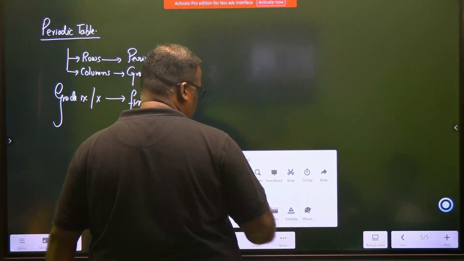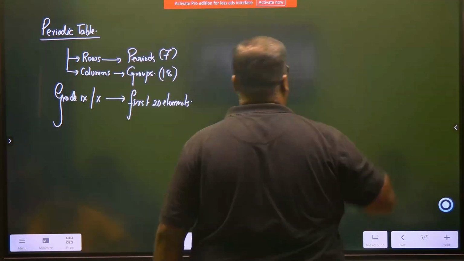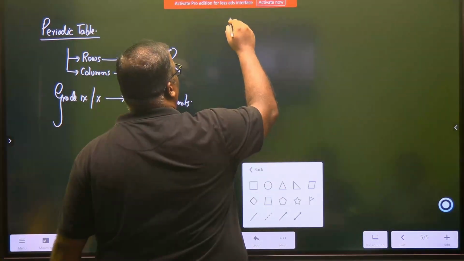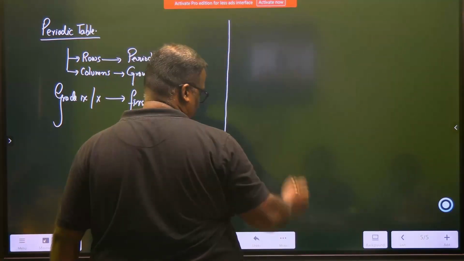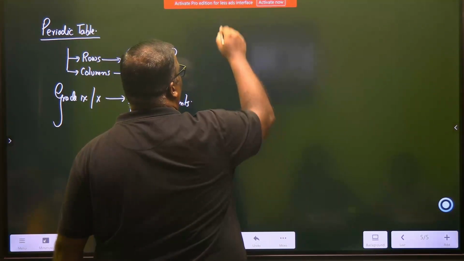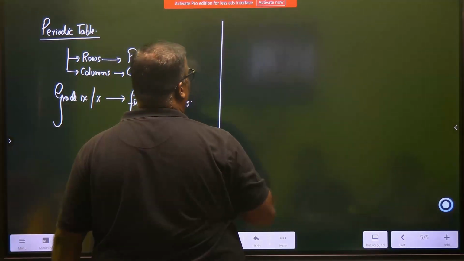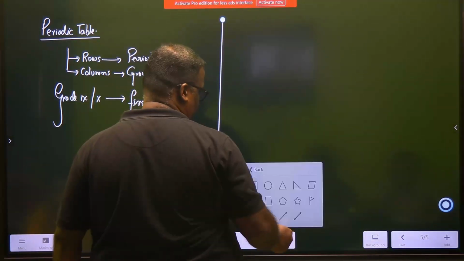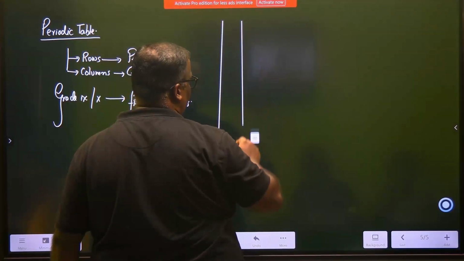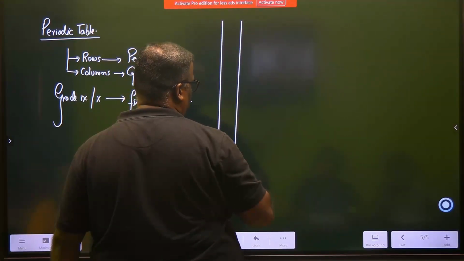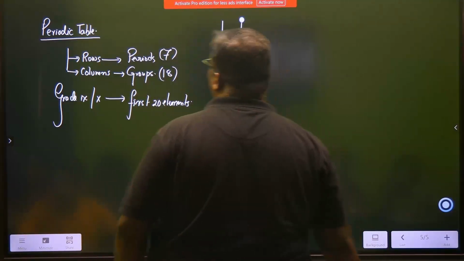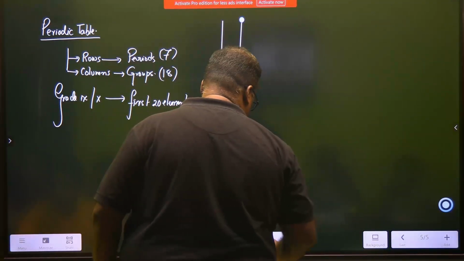In order to see the first 20 elements, we'll have to make our columns. Should I make so many?